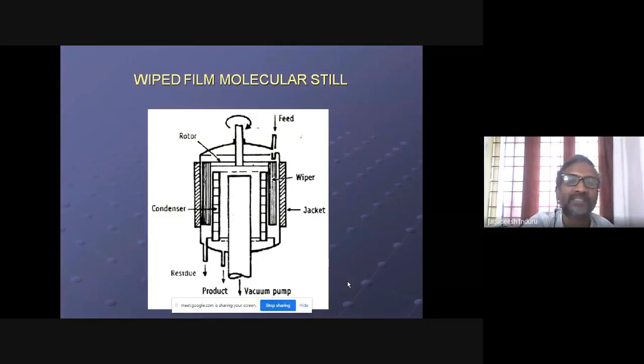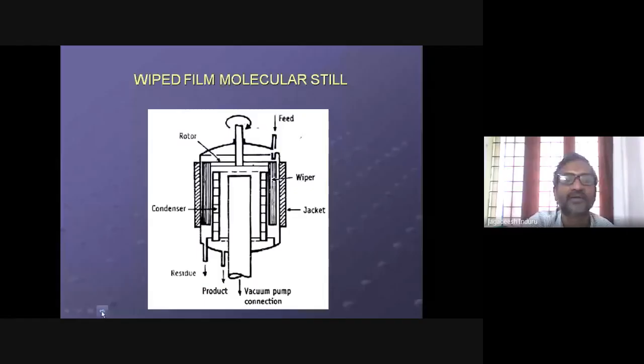The rotor is attached with wipers that make the thin films. With a thin film, the effectiveness of heating and formation of vapors is very high compared to the regular one, because the thin film is completely wiped. So you don't get any gaseous interface between your still surface.